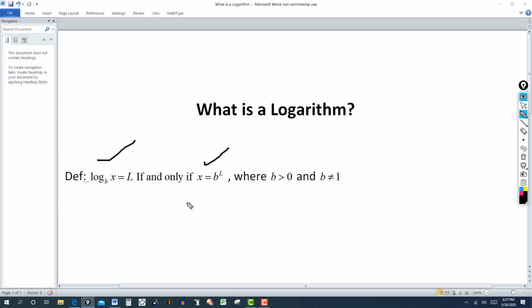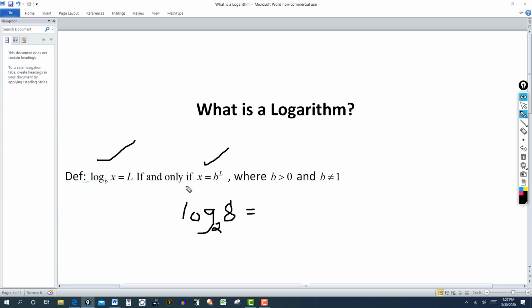So using the definition, we'll answer the question in a little bit, but let's look at some examples. Let's look at the log of the number 8 to base 2. This is saying the logarithm of the number 8 to base 2 is equal to what number?